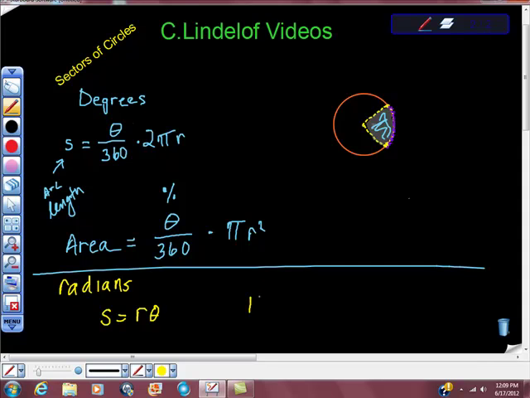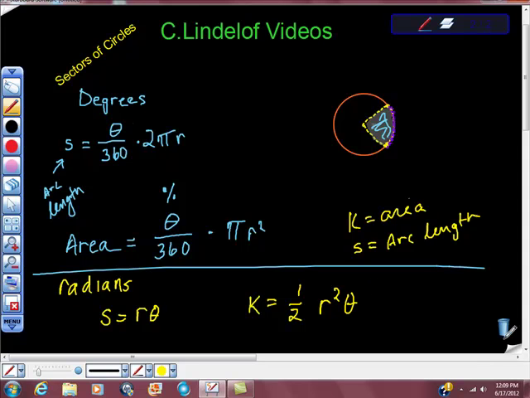And our area K is not the same thing as the arc length S, which is how far it is from here to here. The area will be 1/2 r squared theta.